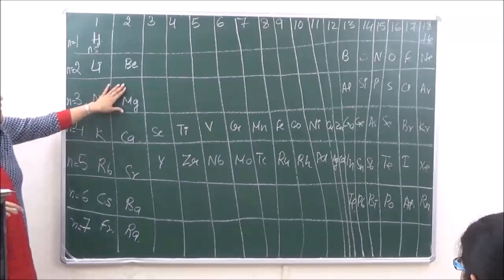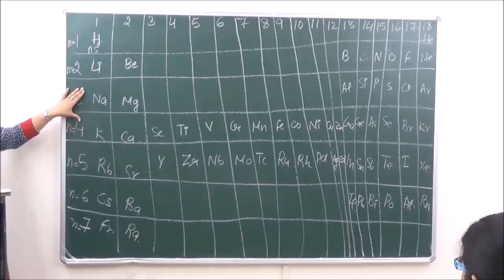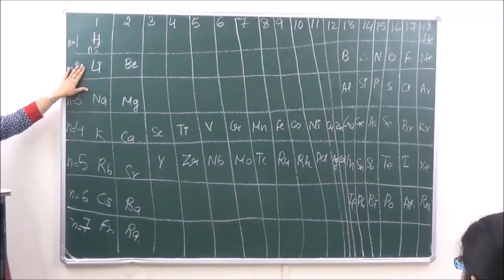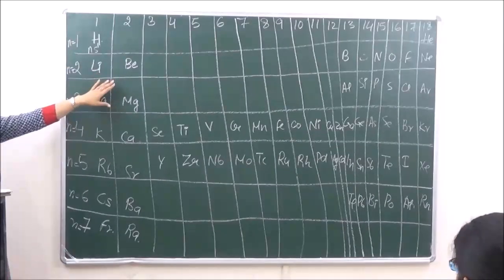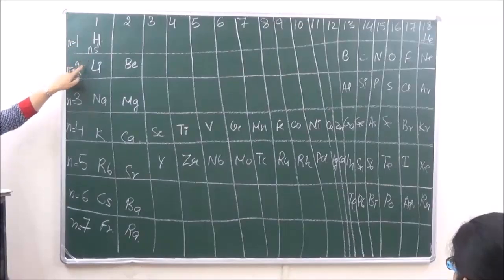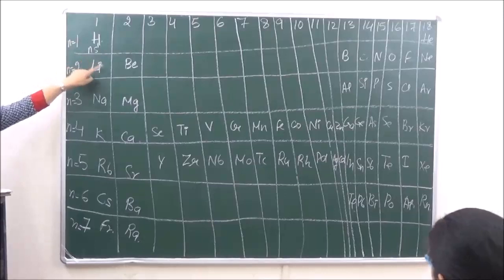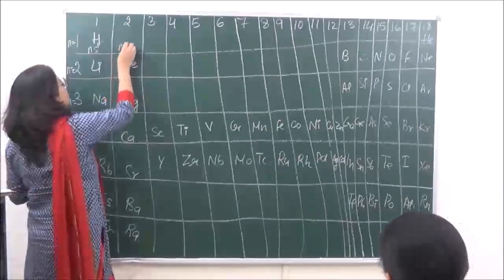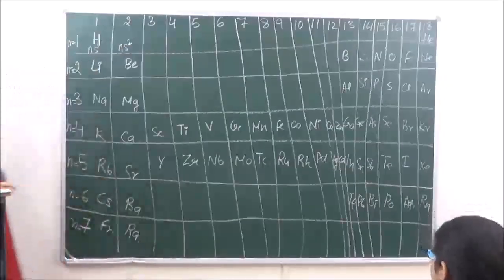To the extreme left, we have the s block. The s block consists of group 1 and group 2, right? Apart from hydrogen. The general electronic configuration of group 1 as written over here is ns1, and that of group 2 is ns2.